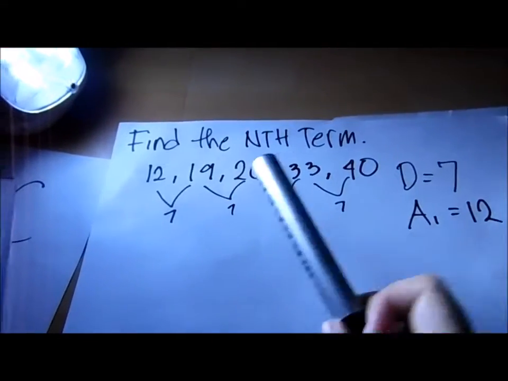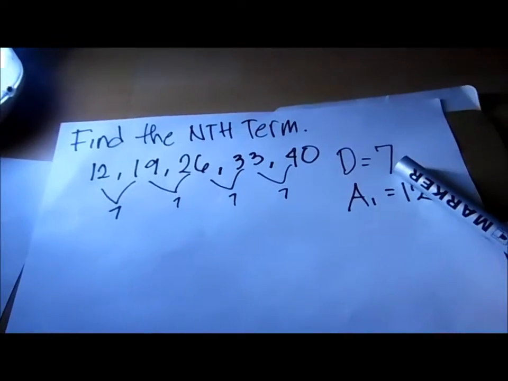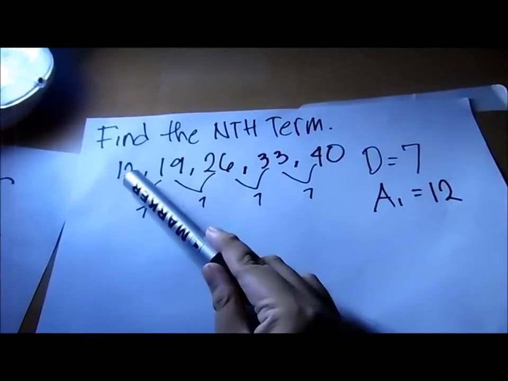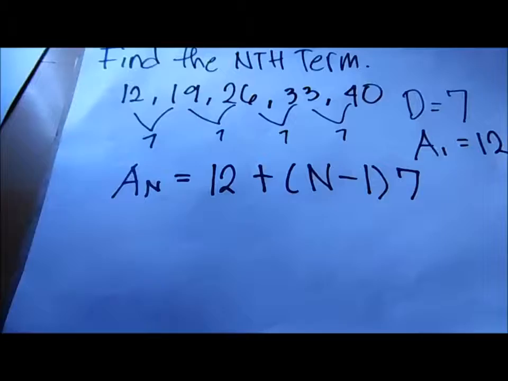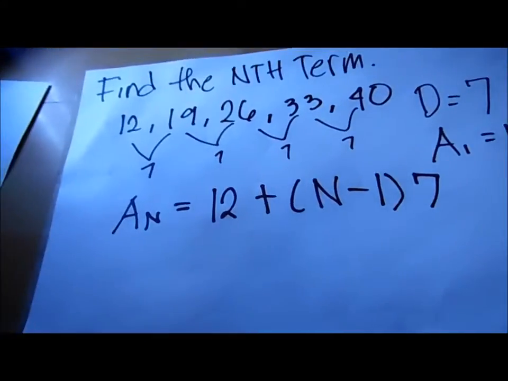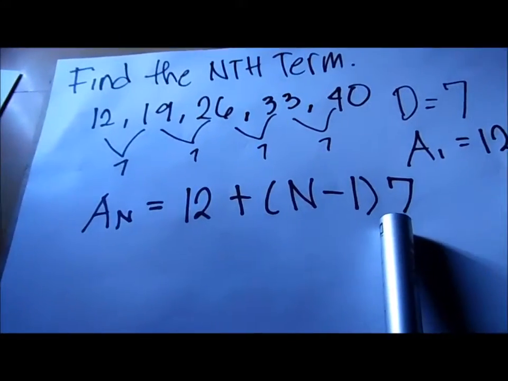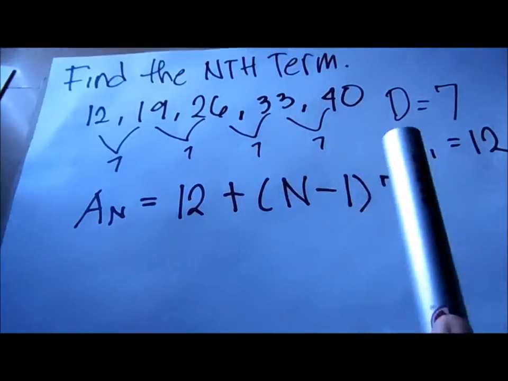So we're going to look for the formula of the nth term. There we go. We're just gonna apply it automatically. It should look like that. We don't even know the nth term yet.